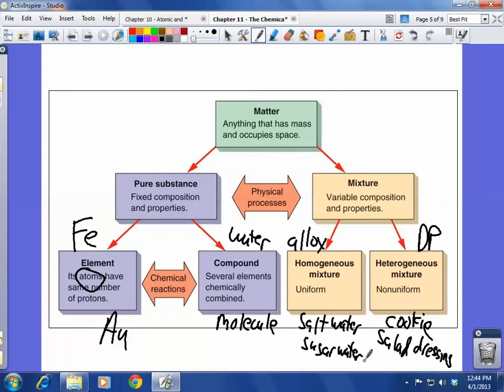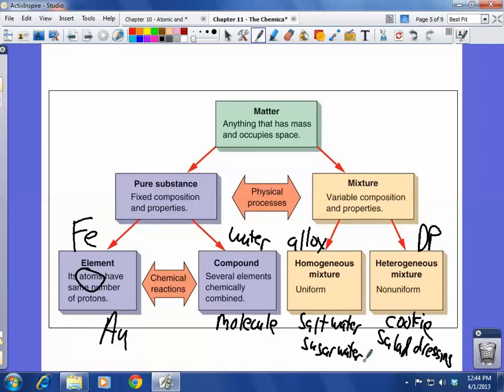Why don't you guys give me a couple? Anything, something in this room, maybe something that's tricky. Bleach? Okay. Bleach is probably a homogeneous mixture. Because bleach is actually, yeah, you got me.